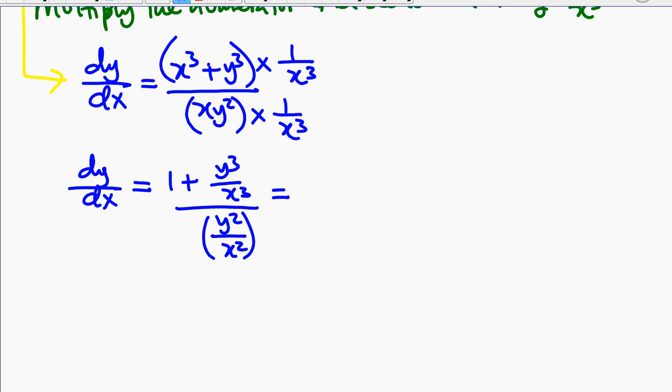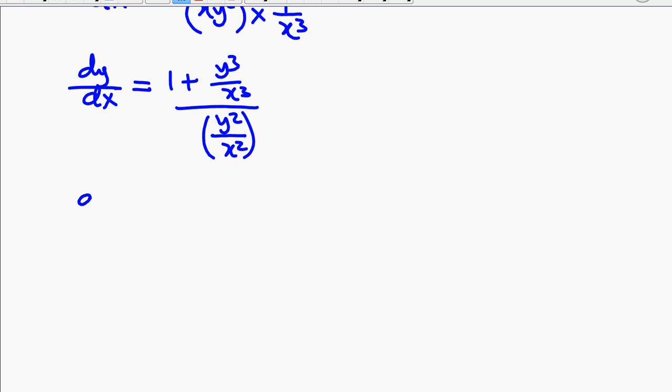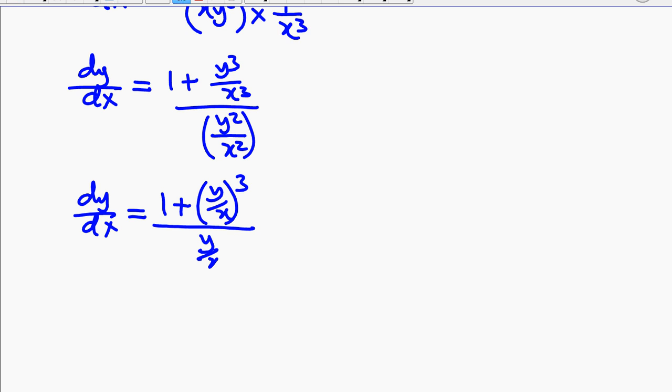And this will simplify to, I can write it over here, dy over dx will be equal to (1 plus (y over x) to power 3) over (y over x) to power 2.